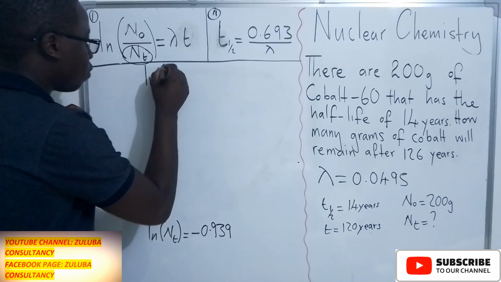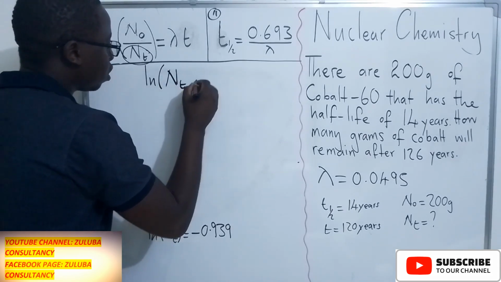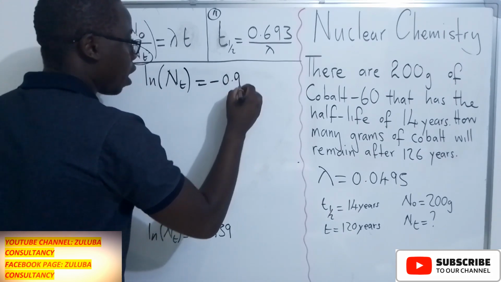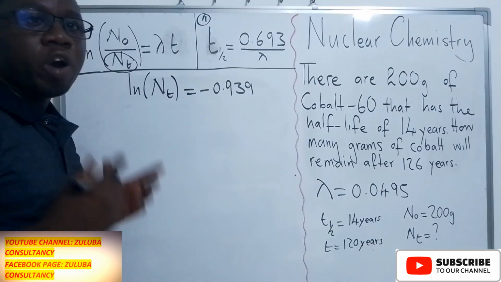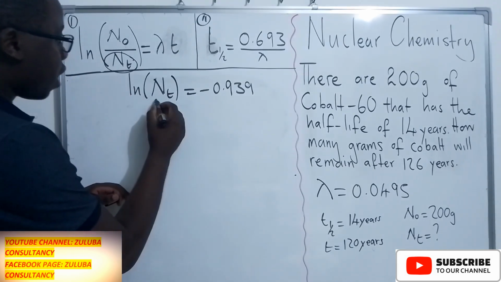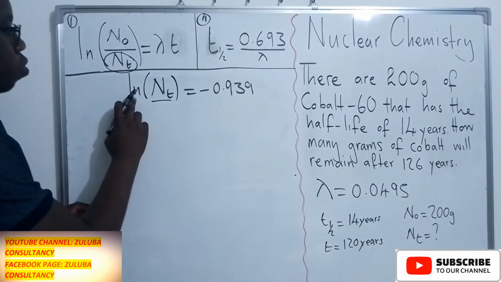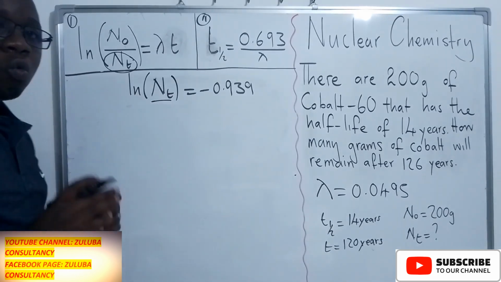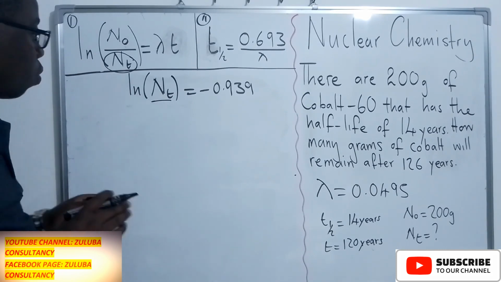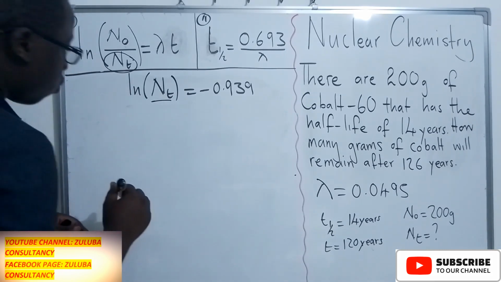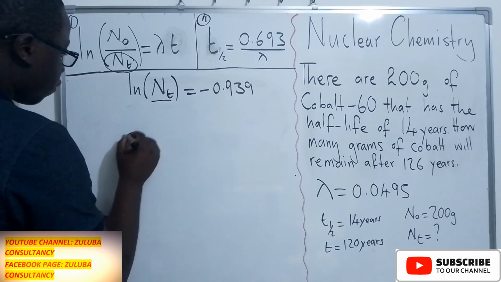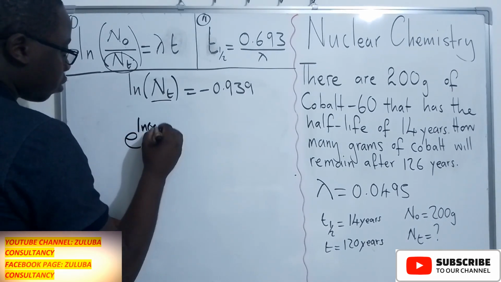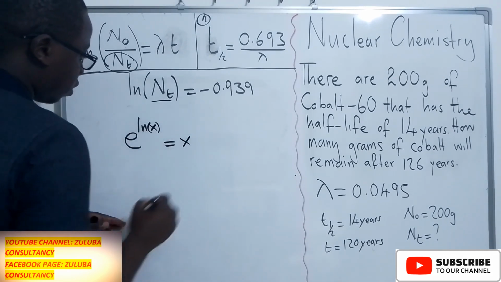So the natural log of N_t is equal to -0.939. We are interested in N_t, so we need to remove the natural log from this expression. We are going to borrow one rule of natural logs, which says that the exponential function of the natural log of x is equal to x.